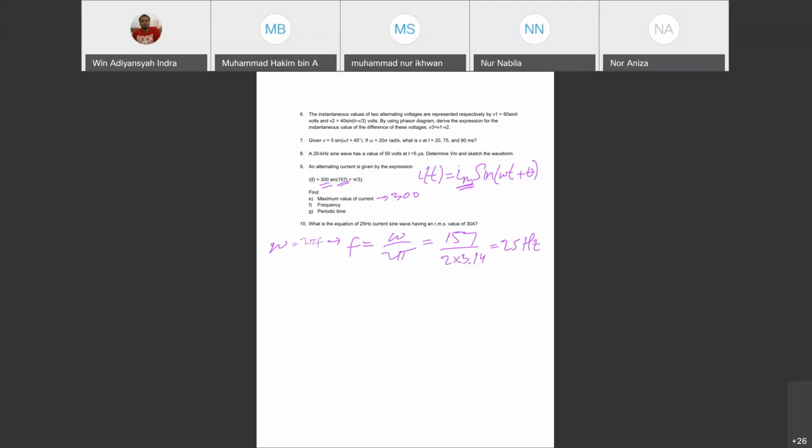The period T is 1 over f, so 1 over 25, which is 0.04 second.